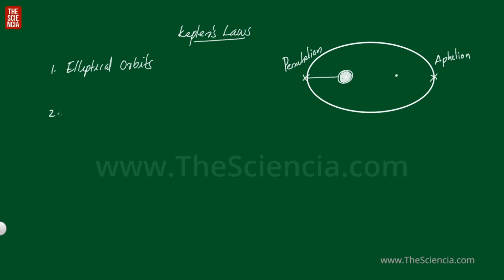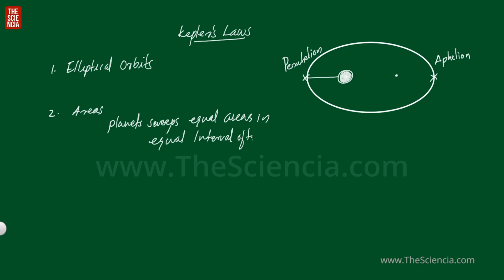Now second law, that is law of areas. That is, a planet sweeps equal areas in equal intervals of time. Here this is the sun and this is our planet.